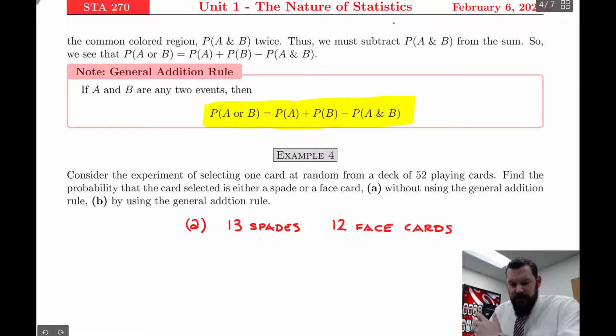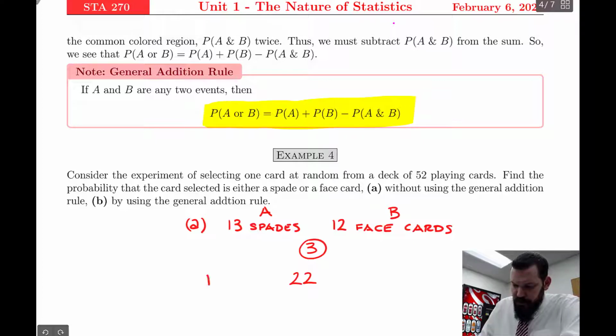If we just added those together, we would say 25 out of 52, but we know that's not right because there are 3 face cards that are also spades. So they have 3 things in common, and that's going to be 22. We'll call spades event A, face cards event B.